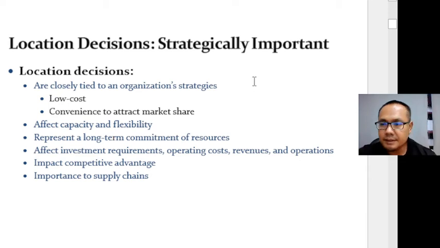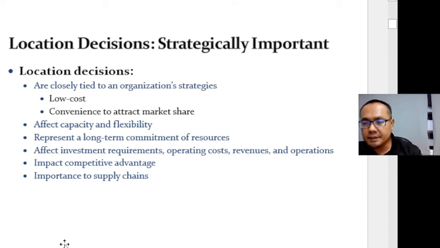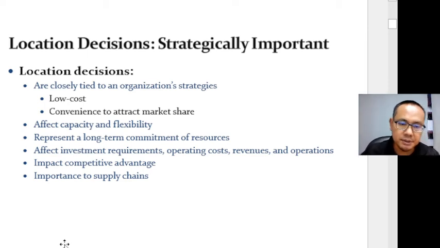And it is strategically important. Of course, it is strategically important because it can make our organization have a competitive position, where we can see our revenue can be increased because of our competitive price and all other things here.